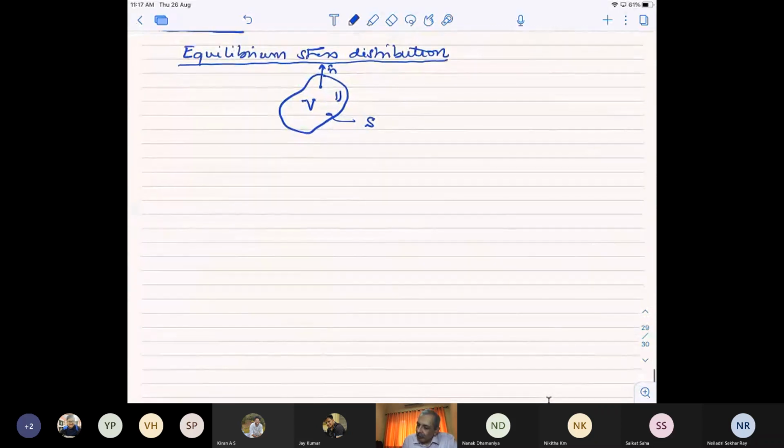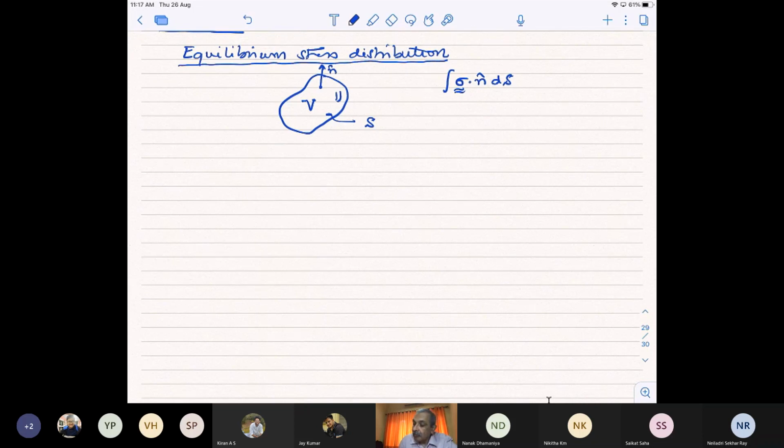So if we look at this, then we can write down that the total force exerted by the stress acting on the surface, so sigma dot n is the force per unit area acting on the surface, and then dS is the area.